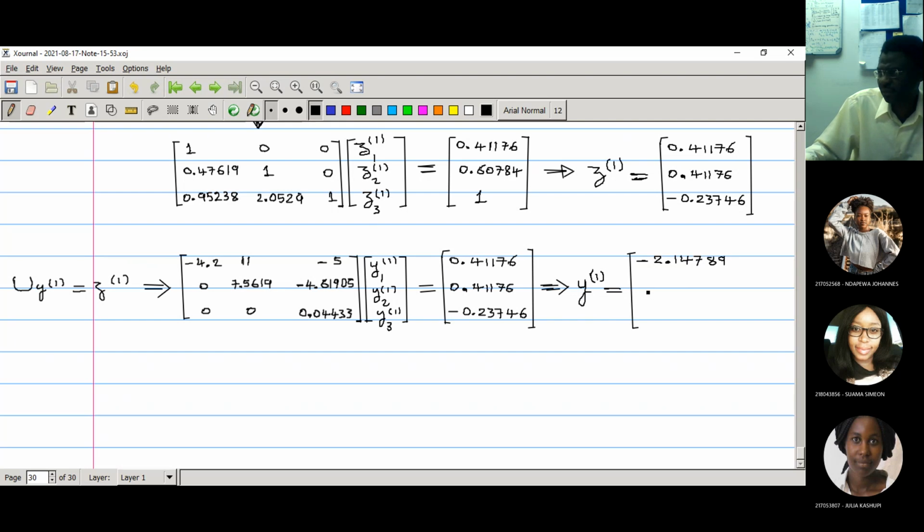The second entry will be negative 3.21738. And finally, the last one is negative 5.3563. So 63 will repeat, 636, and then 3 again, but I'll stop there. It will just repeat.